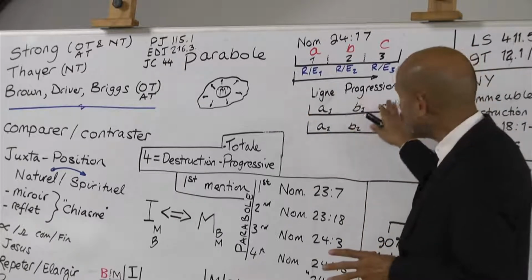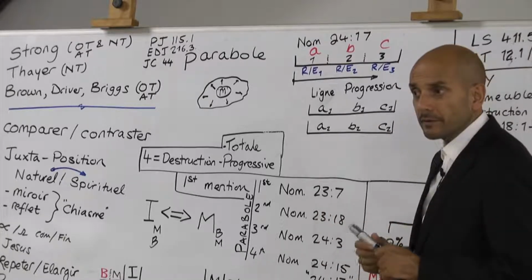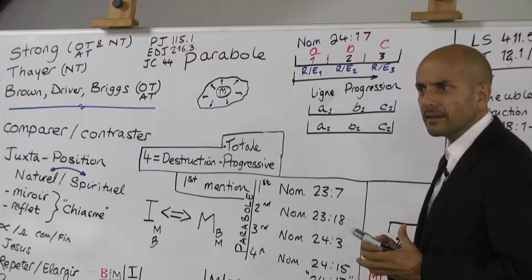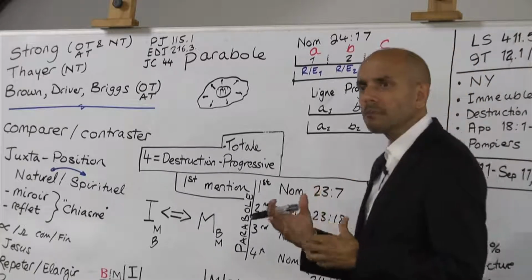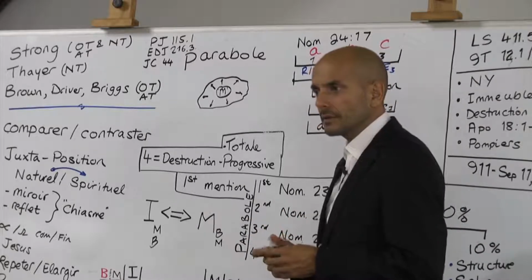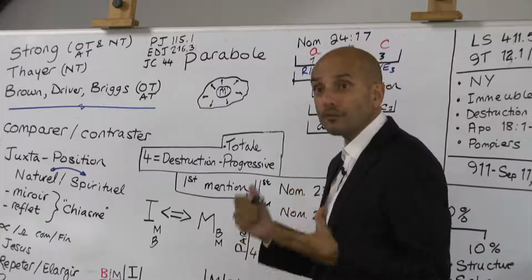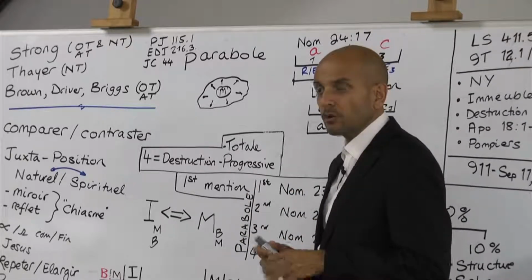So C1 is geography. Can we see that? The symbology or the model is a model of geography, because it's talking about the country of Moab, or the land.